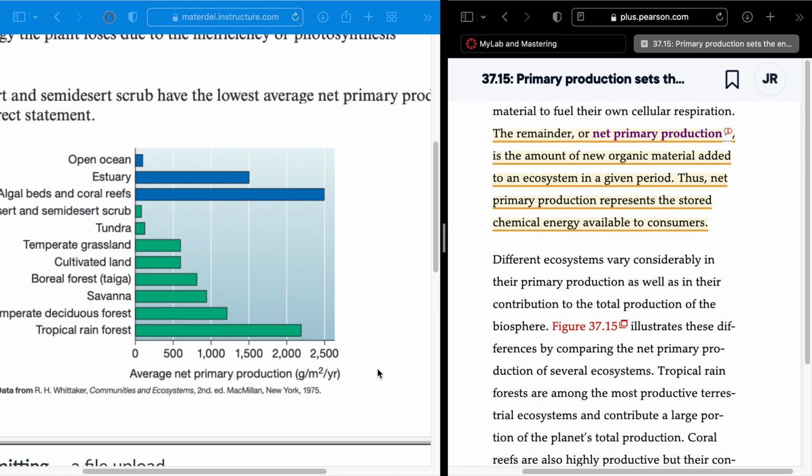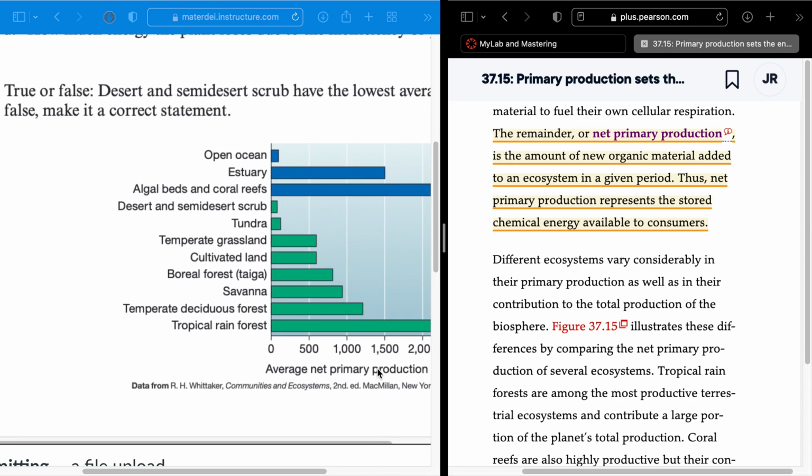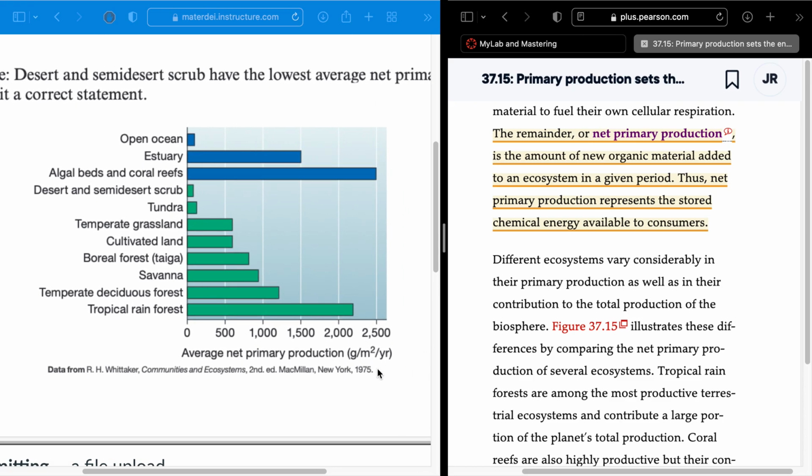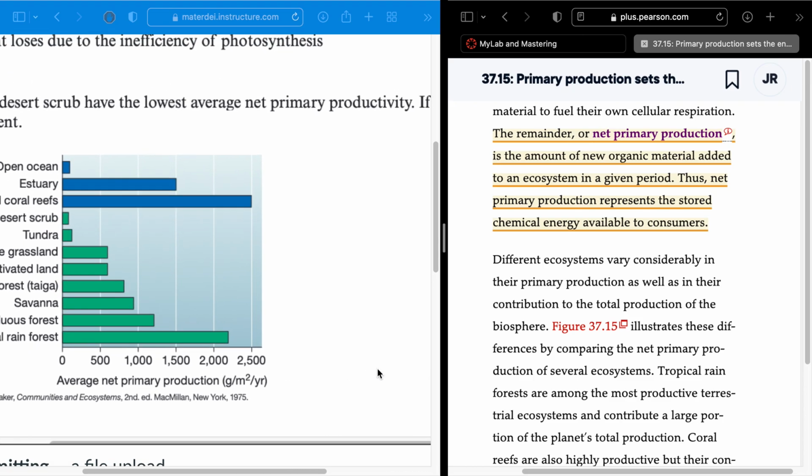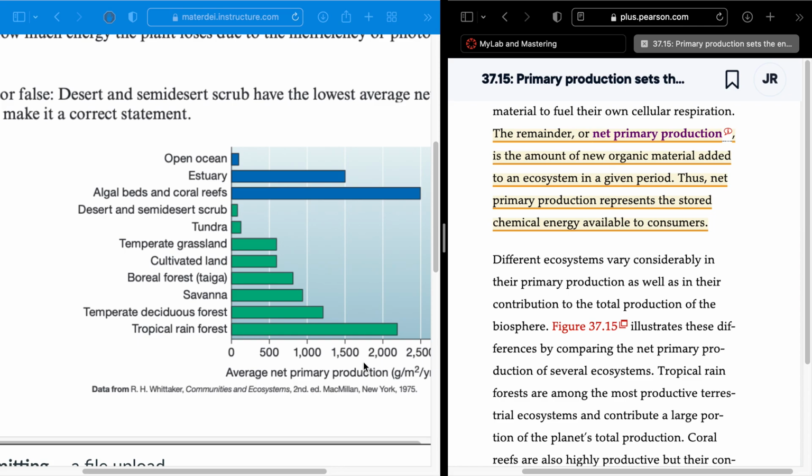The tundra, the open ocean, deserts, very small amount of biomass that can be eaten for the next generation. So which one, true or false? Desert and semi-desert shrubs have the lowest average net primary productivity. Yep, they're very small. True.